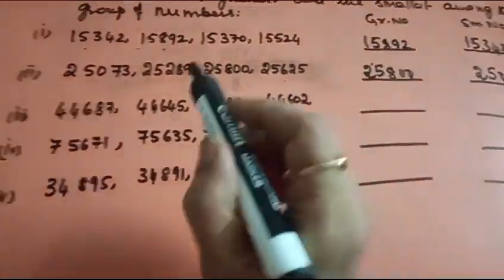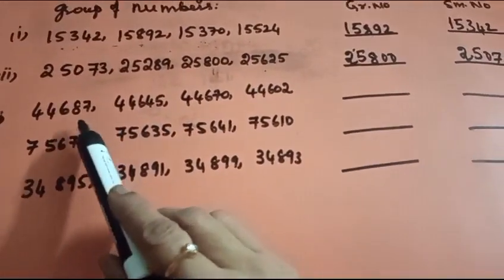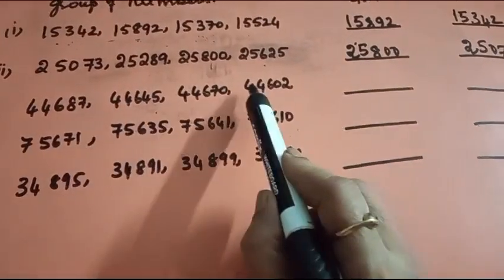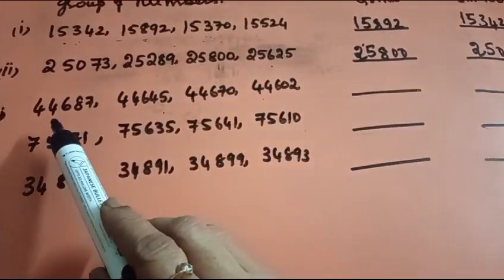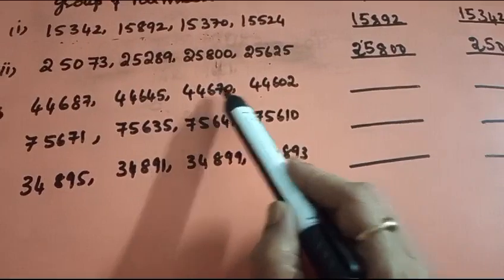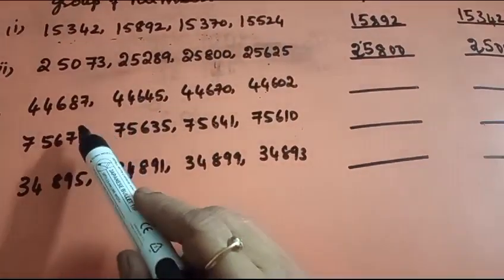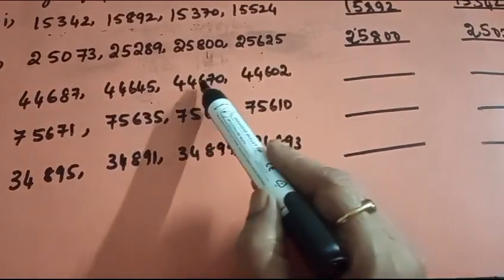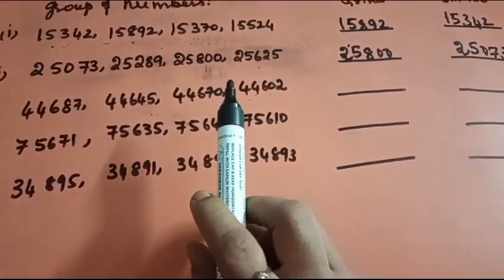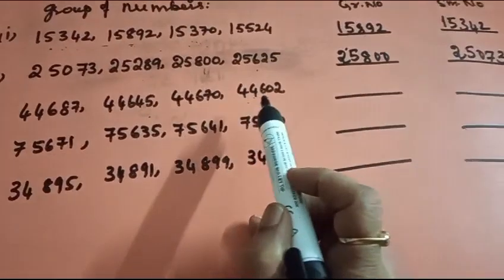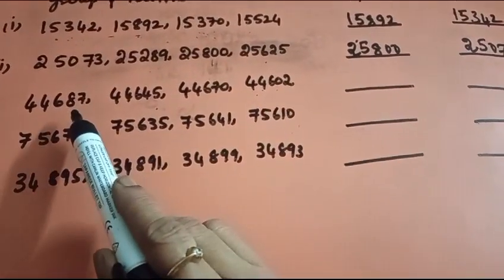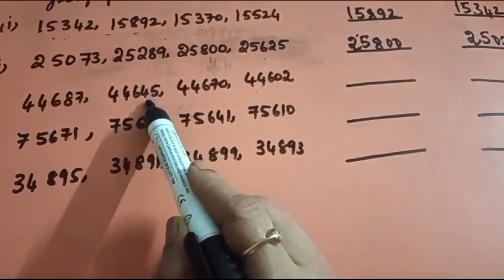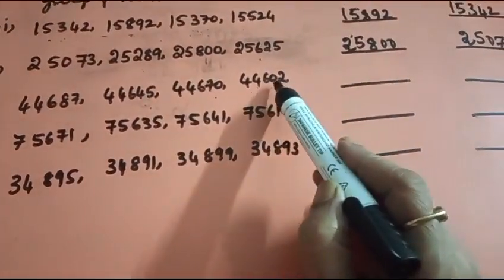Now let us see the third one. The third one also has 5 digits, children, and the 10,000s digit is 4 only, so you cannot identify. The thousands place is also 4 only. And even the hundreds place is 6, 6, 6, 6, so here also you cannot identify. So now you have to go for the tens place. Here it is 8, here 4, here 7, here 0.